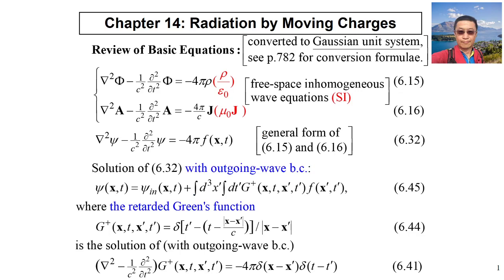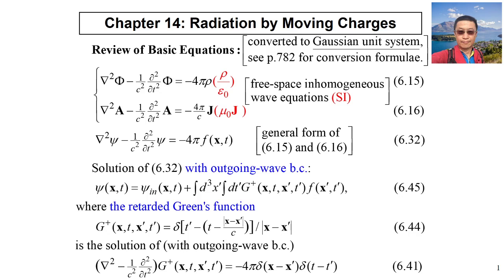Okay, so today I will talk about radiation by moving charges. We will talk about the Liénard-Wiechert potential, starting from the retarded Green's functions, and we will calculate from the potential.